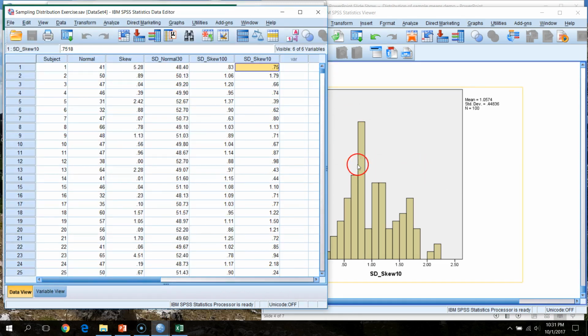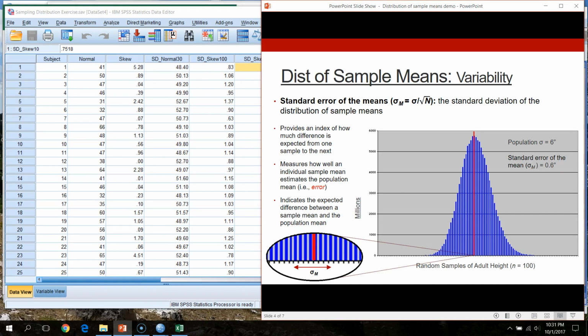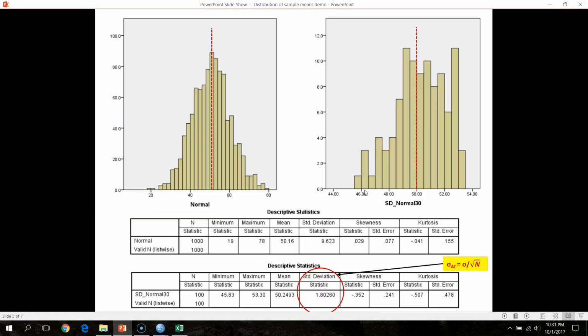Okay, and so again, demonstrating with actual numbers, hopefully you can see what's going on with this sampling distribution. So again, as a recap, when we had our normal distribution of randomly generated scores for our population of 1,000, we got a population mean of 50.16. When we're drawing random samples of 30, even when we do 100 cases and not all possible cases, and even when we're drawing randomly without replacement instead of with replacement, the mean of our distribution of sample means is very, very close to the population mean.